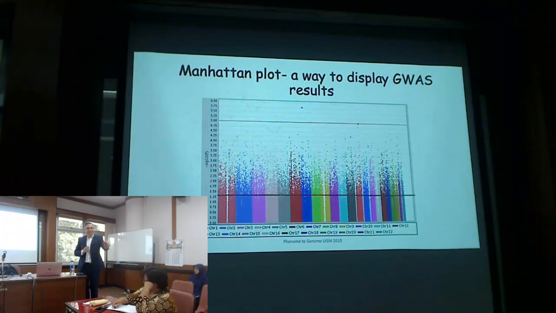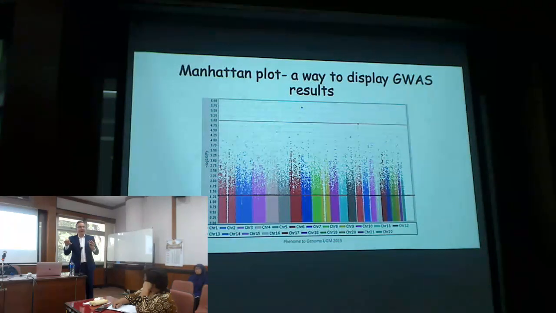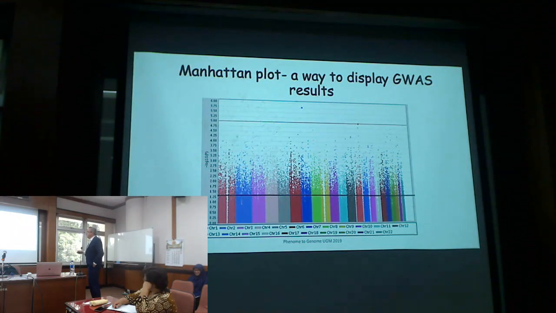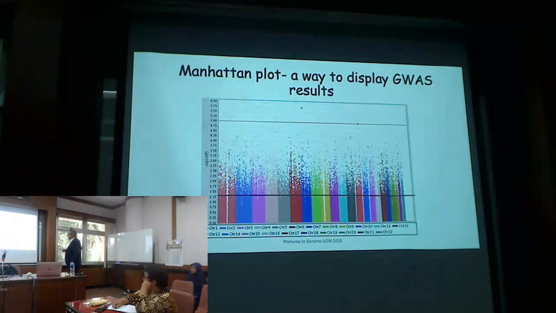But, okay, once you take the data, put it in your computer, select the method you want to use, believe me, you will get the statistics. Then what you get is this, okay? And this is what's called the Manhattan plot. A Manhattan plot is a way to display the association between the phenotype and the genotype.